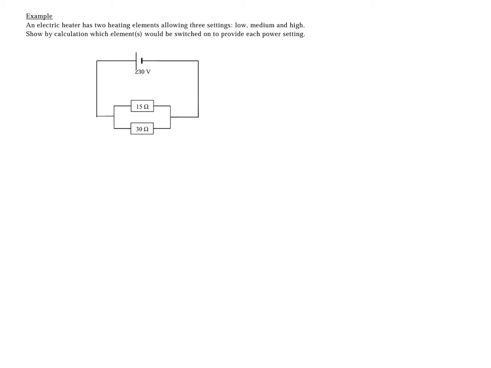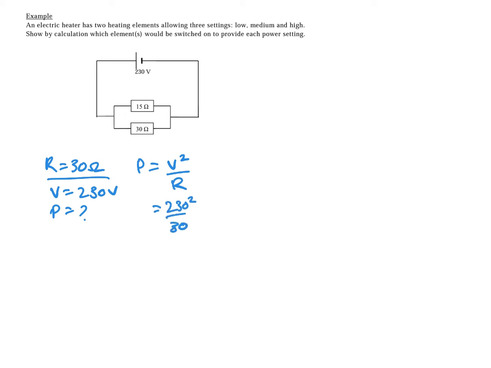So we'll start with a 30 ohm resistor first of all. For R equals 30 ohms, V is 230 volts, P is what we're being asked. P is V squared over R, 230 squared over 30 is 1800 watts.